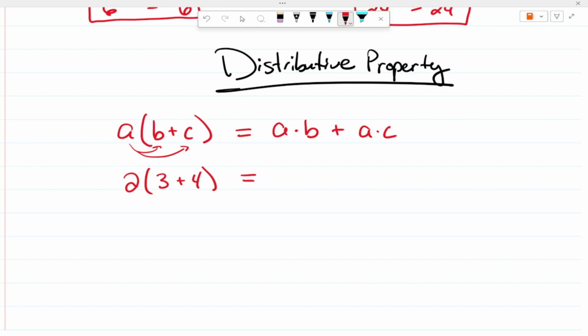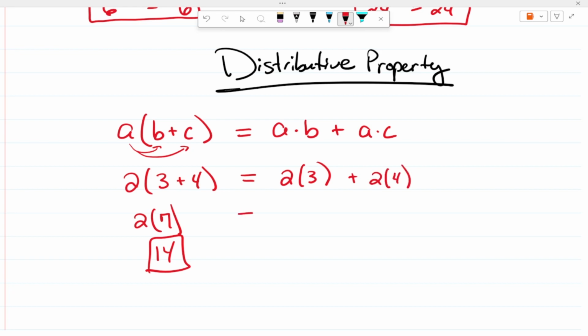Now, if we just stuck with the left side, notice I would have to take 3 plus 4 first, which is 7. 2 times 7 is 14. Or I can distribute 2 times 3 plus 2 times 4. 2 times 3 is 6. 2 times 4 is 8. And 6 plus 8 is 14. So notice it still works out.